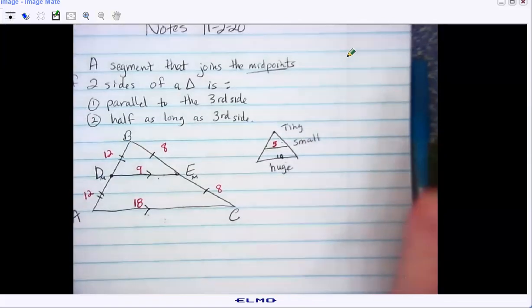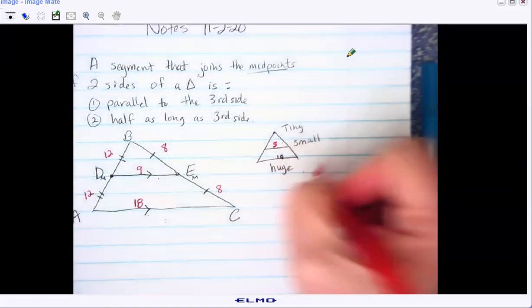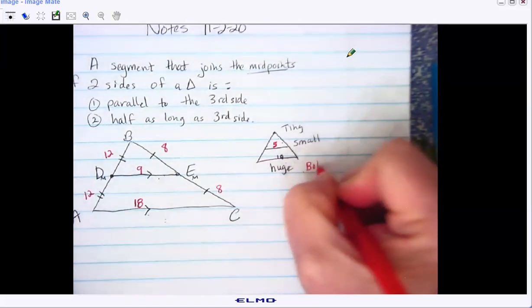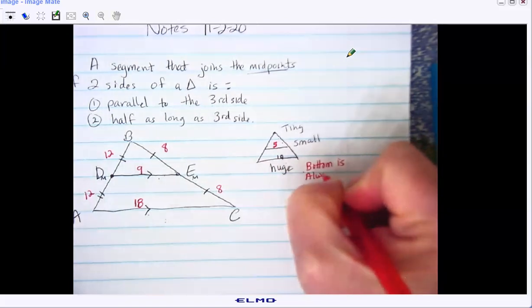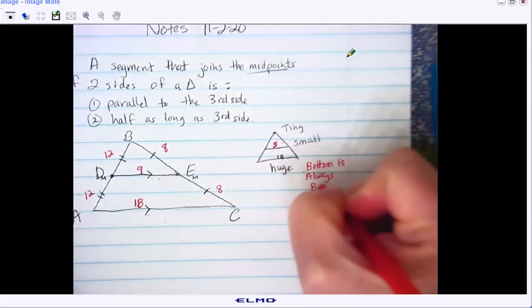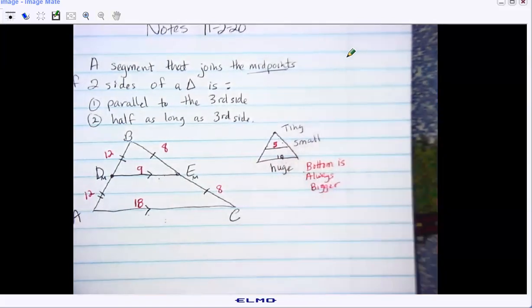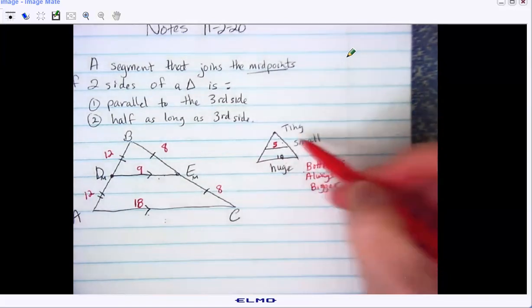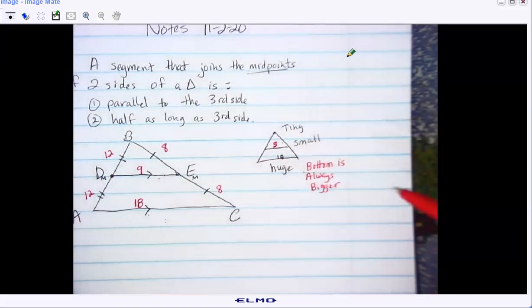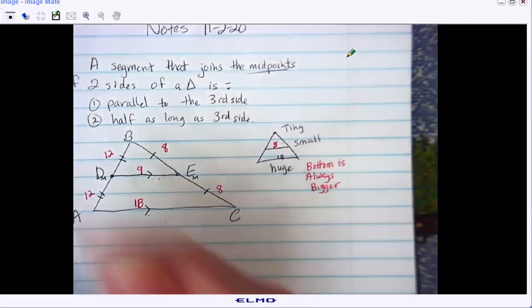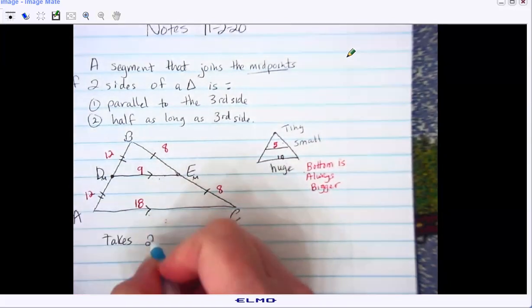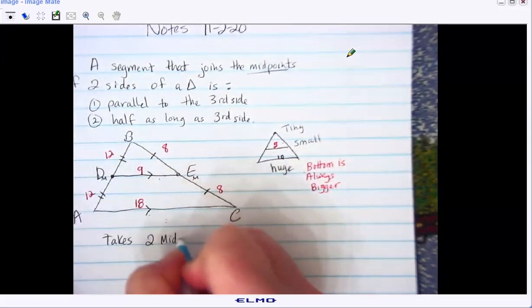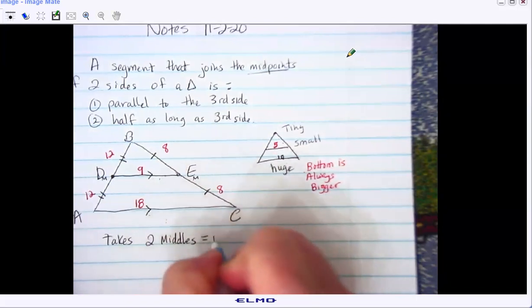So what I really want you to take away here, like this one over here, the bottom is always bigger. So if you're given the bottom, you're going to take half. If you're given the inside, you're going to double to get the bottom. And then over here, it takes 2 middles to equal the bottom.